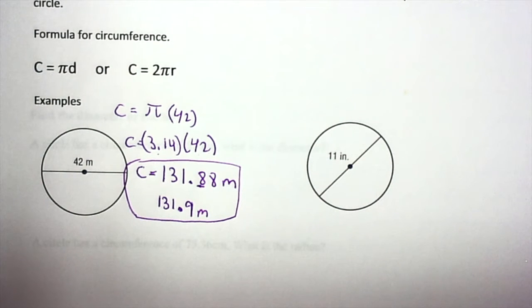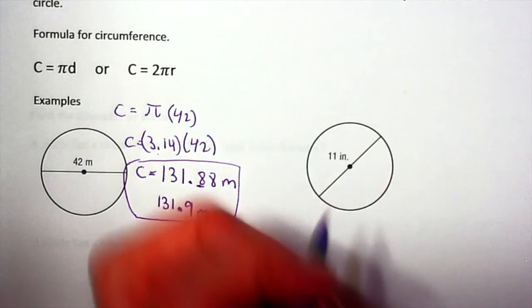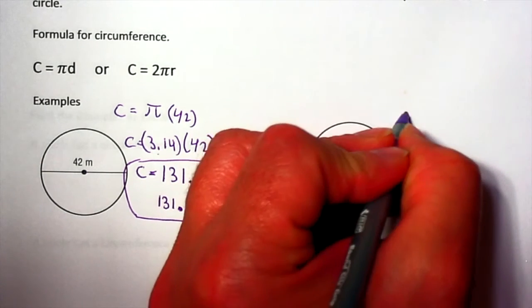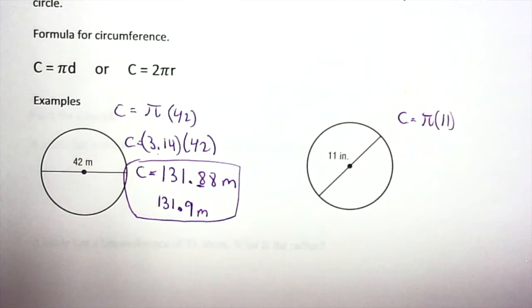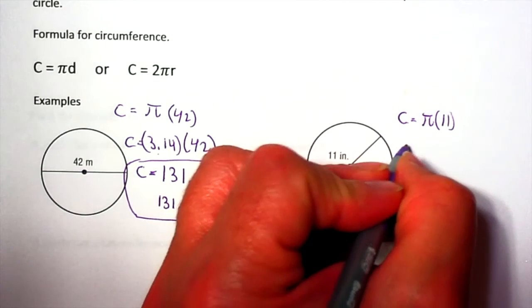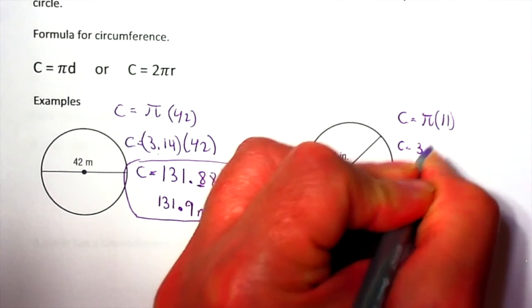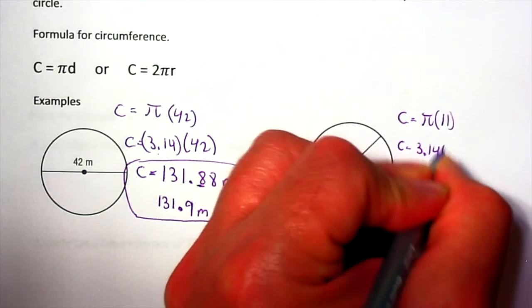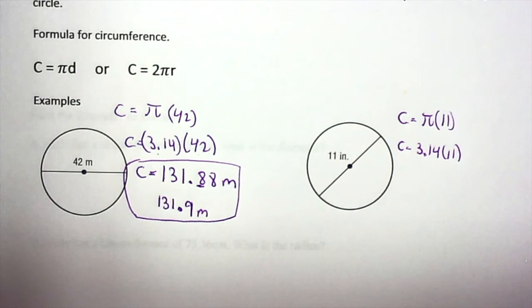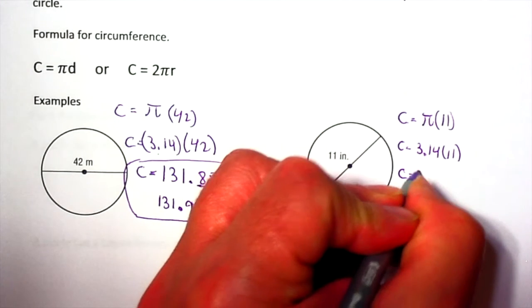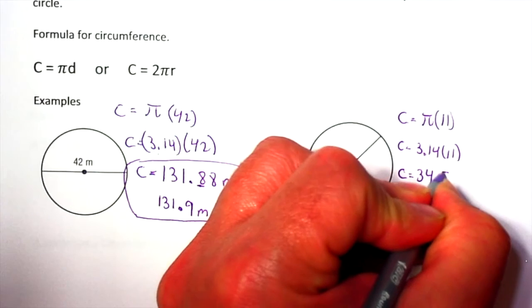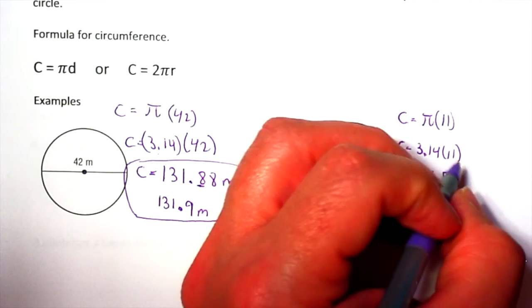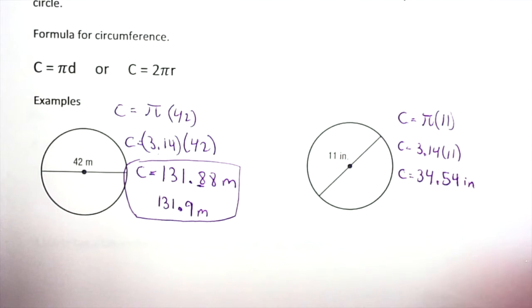Now if I look at this next one here, again, they gave me the diameter. So I'm going to go C is equal to pi times 11, because 11 is that diameter. So 3.14 times 11. And in this case, I get the circumference is equal to 34.54, and in this case, inches.